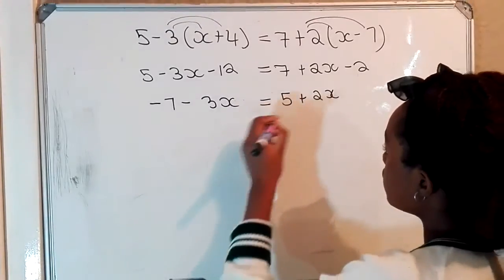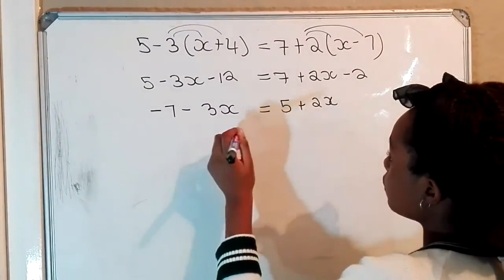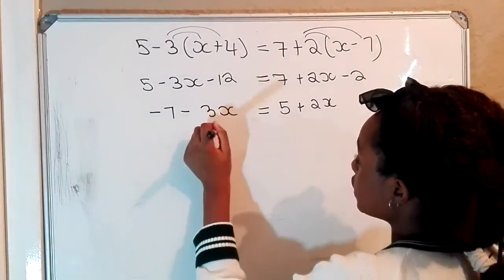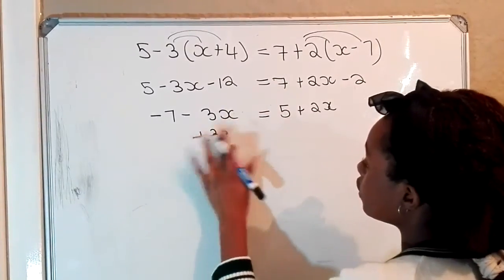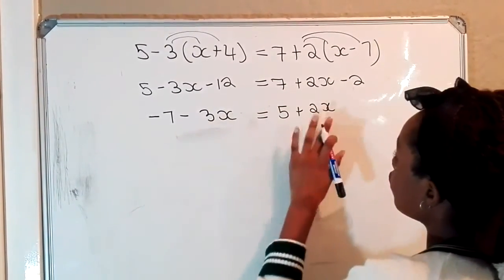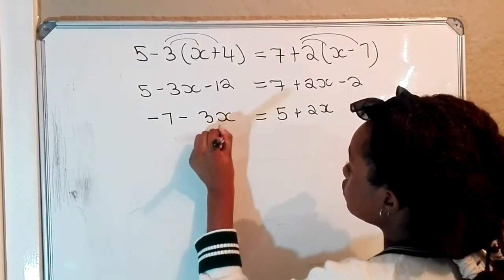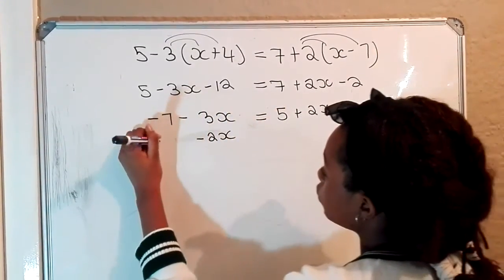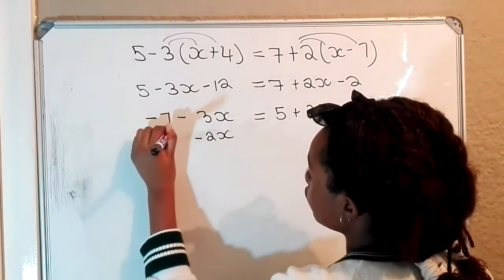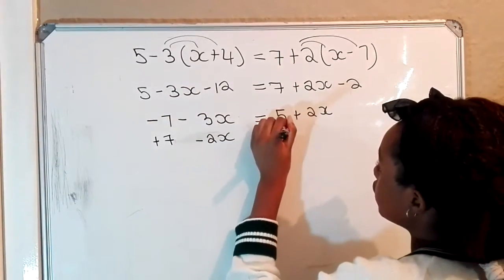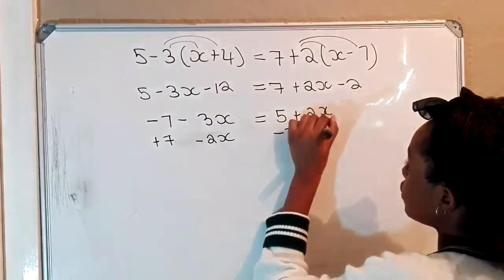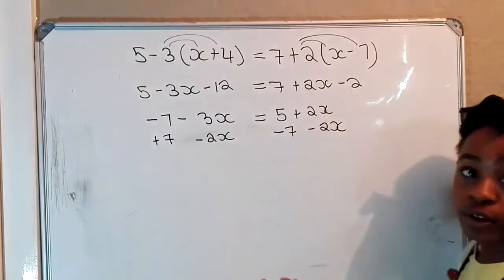Now on both sides I'm going to plus 3x here. In fact, I will minus 2x over here, and I will minus 2x over here, and I will minus 7 over here and minus 7 over here, just in one go.